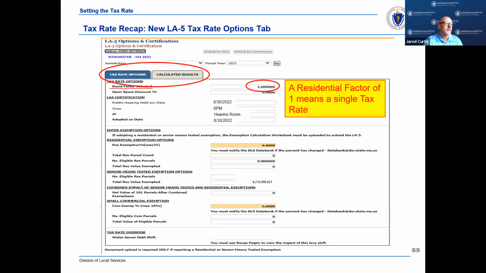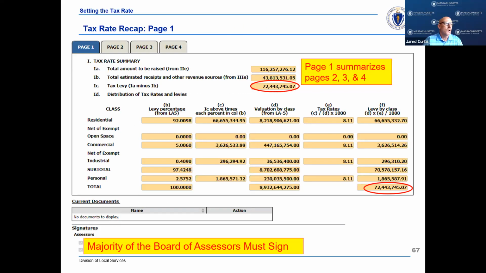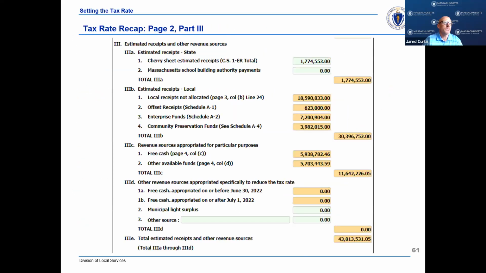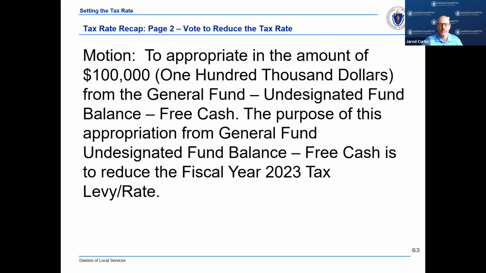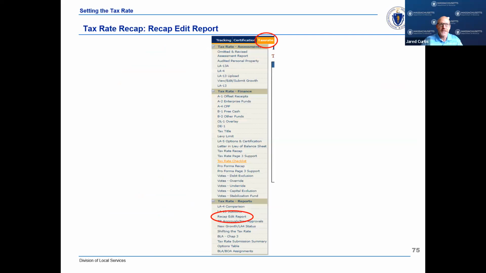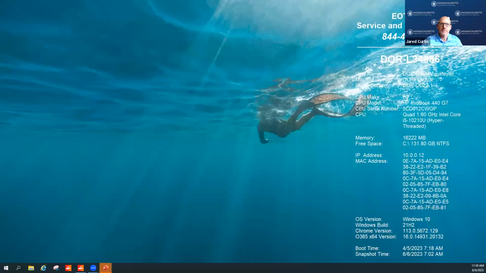Let's see what else. We have a question: where are solar pilot programs in lieu of property taxes recorded or accounted for? This is another question reserved, I think, for the Bureau of Local Assessment. I'll just say one thing quickly about it: we typically see it in the values on page 1 of the tax rate.